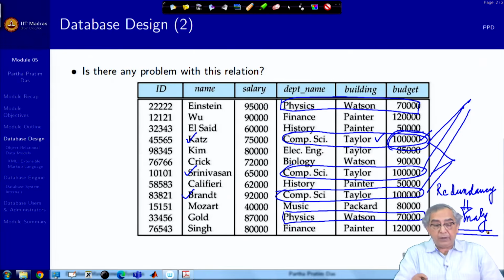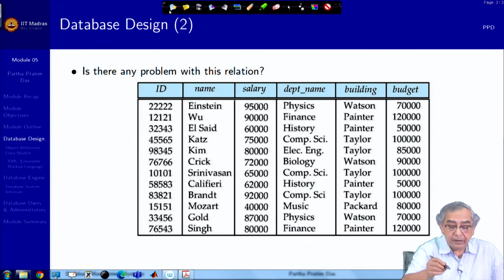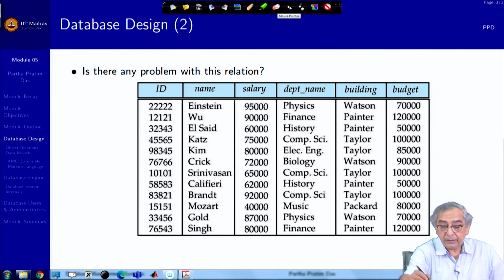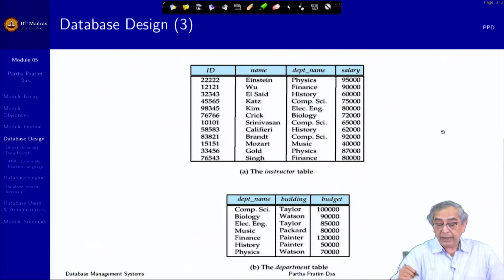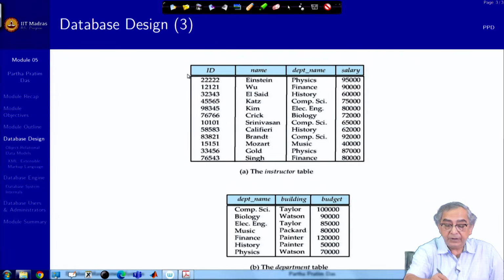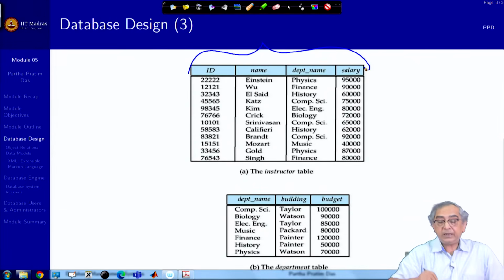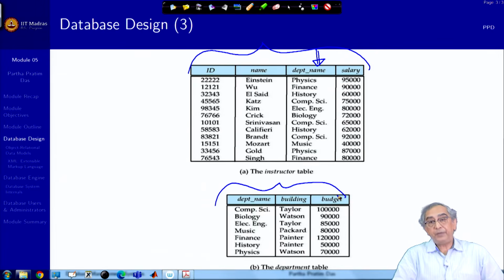So, instead of putting all these in a flat way, let me go to the next slide. If we put it in this segregated form, where if you see here, we just have the information of the faculty, including naturally the department of affiliation, and here we have only the information of the department, not of the faculty.